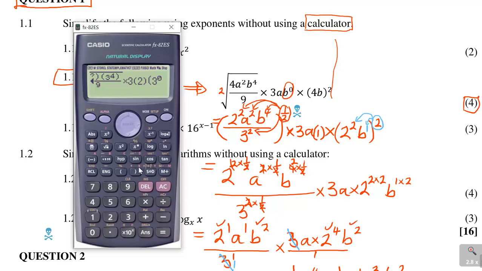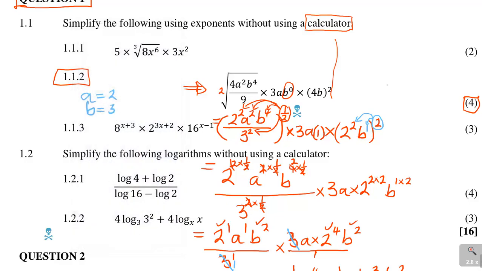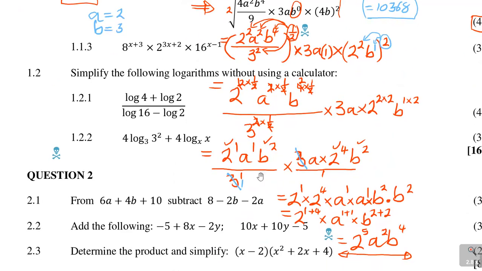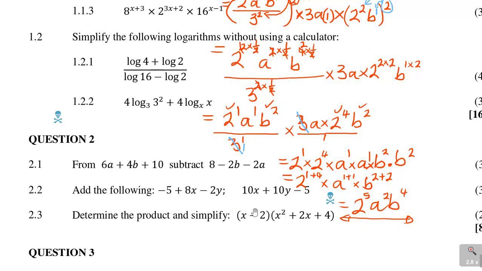Alright, and then times bracket 4, I can say times b there, which is 3. Everything is to the power of 2. Now if I do that, I'm getting 10,368. Keep this number, go to my final answer, and see if it is going to give me the same answer there.